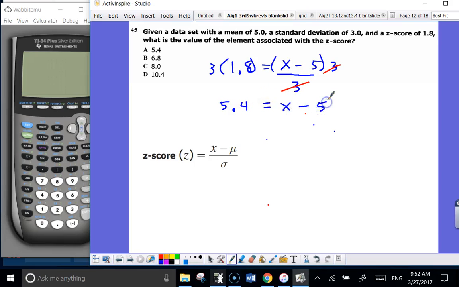Okay, not quite done solving. What do I have to do to solve it? Add 5. This is how you would solve it. So 5.4 plus 5 is 10.4. So x, the data value, is 10.4.